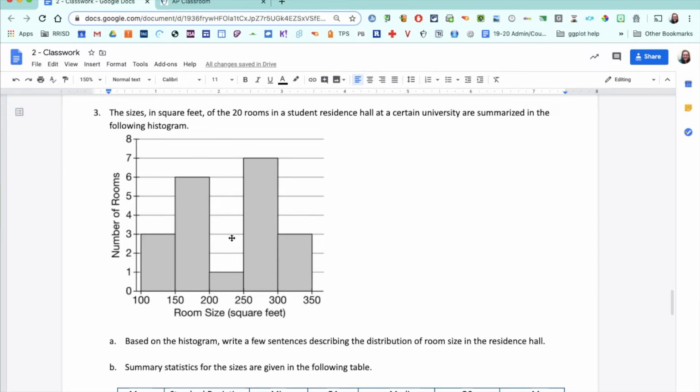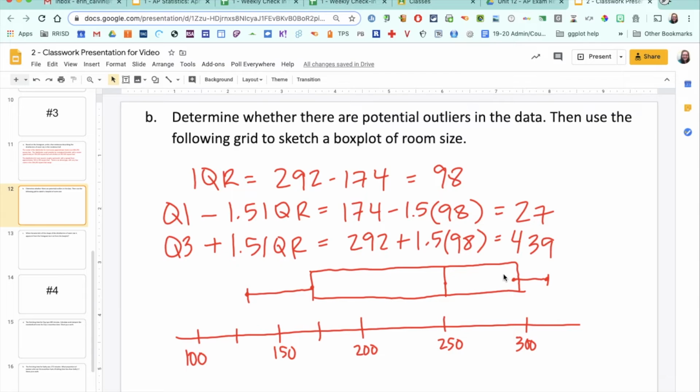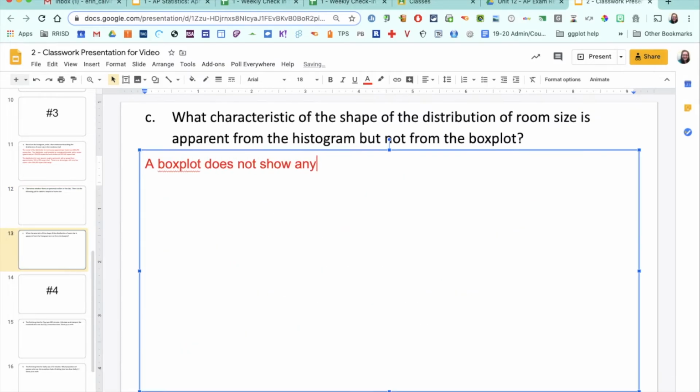That dip in data that we see in the 200 to 250 range, we can really clearly see in a histogram, but my box plot does not show that at all. So anything dealing with modes or gaps is not going to show up in a box plot, whereas it would show up in a histogram, dot plot, or stem and leaf plot.